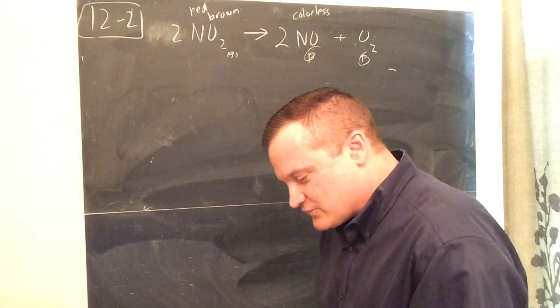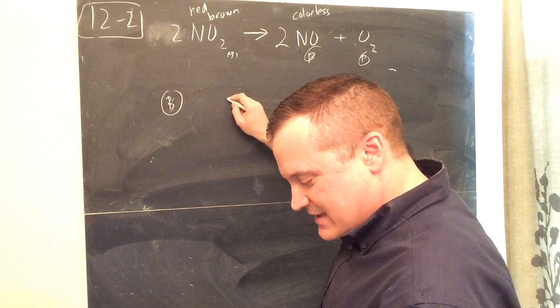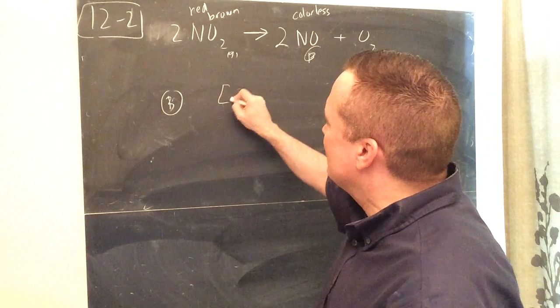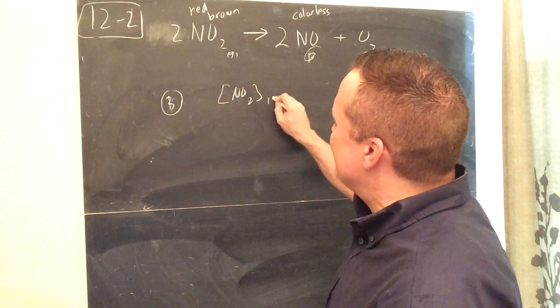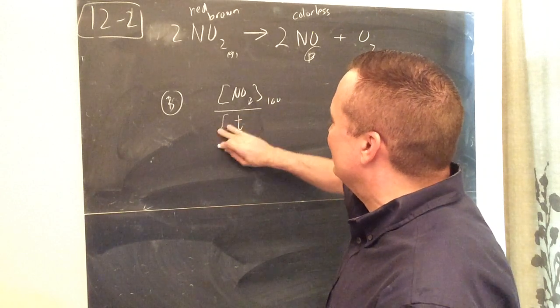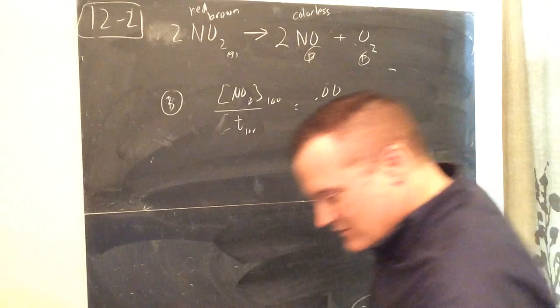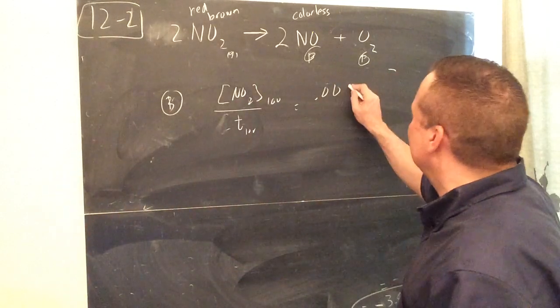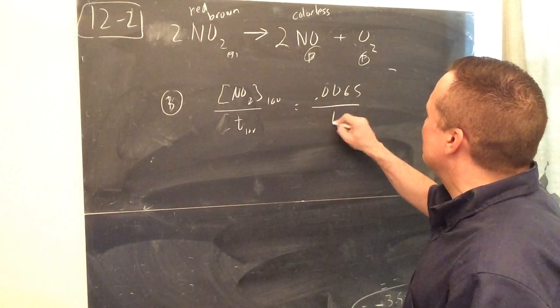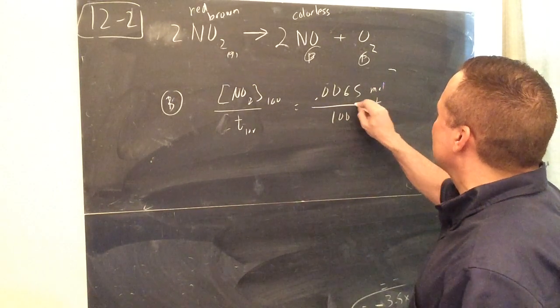The instantaneous rate for B, if you want to see example B, if I just did it real quick, will just be the molarity of NO2 at time 100 divided by the time 100. So 0.0065 divided by 100 mole per liter per second.